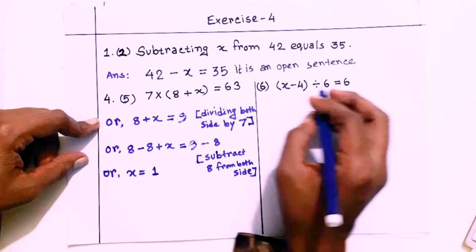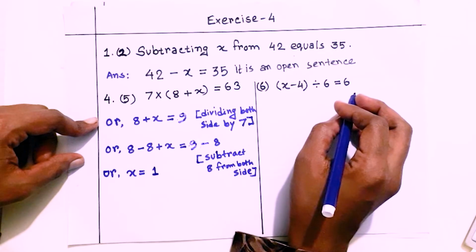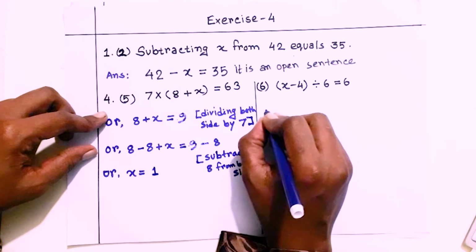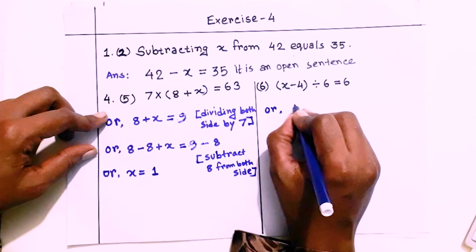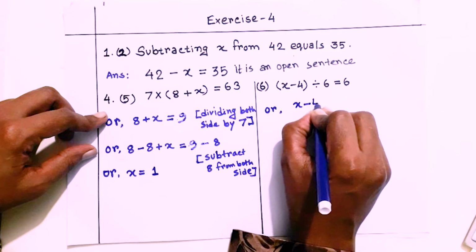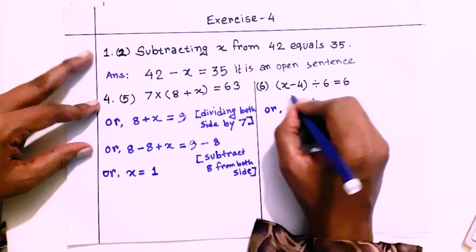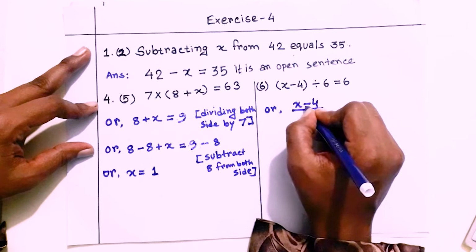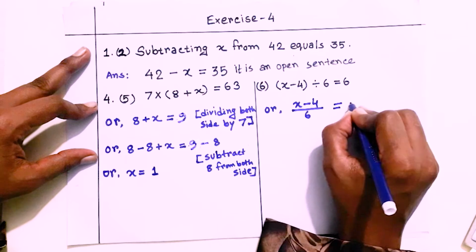Now, number 6. Here first we will divide both sides by 6. So, x minus 4 divided by 6 is equal to 6.